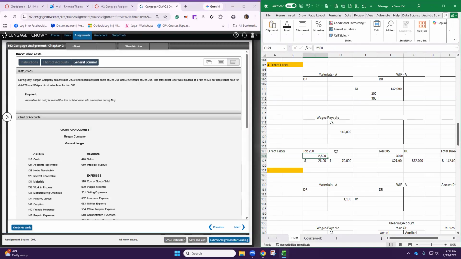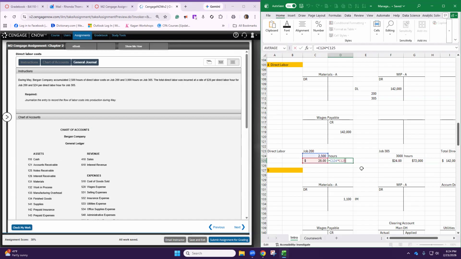The first one is 2,500 hours and 3,000 hours. Let's put the hours down. For our job 200, it is $28 an hour, and for our job 305, it is $24 an hour.